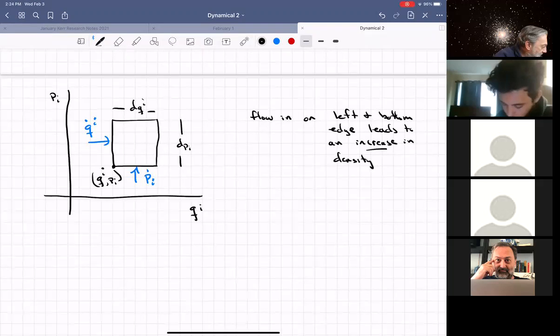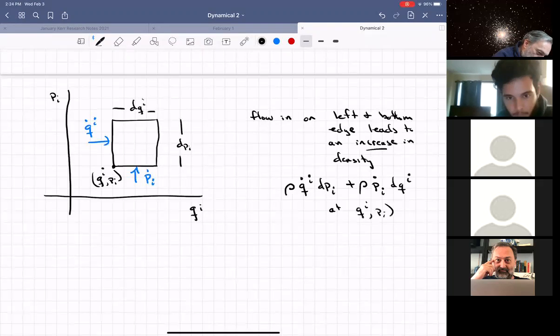And the amount of increase in density that I would have would be rho q dot i dpi plus rho p dot i dqi, at qi, pi.